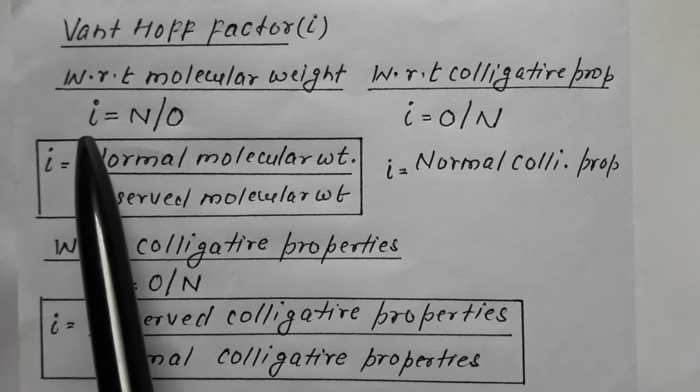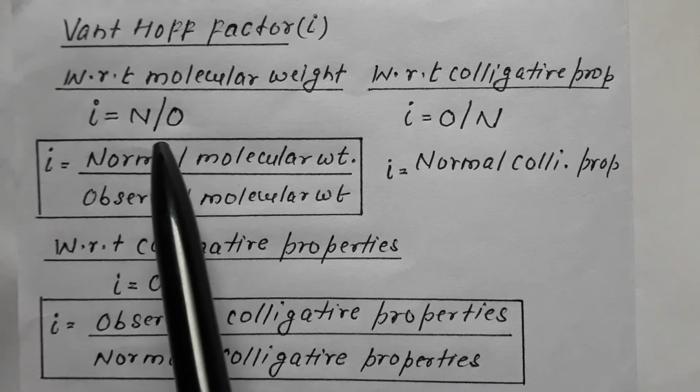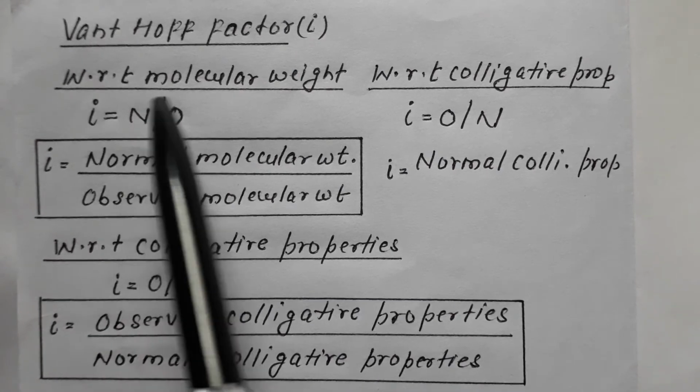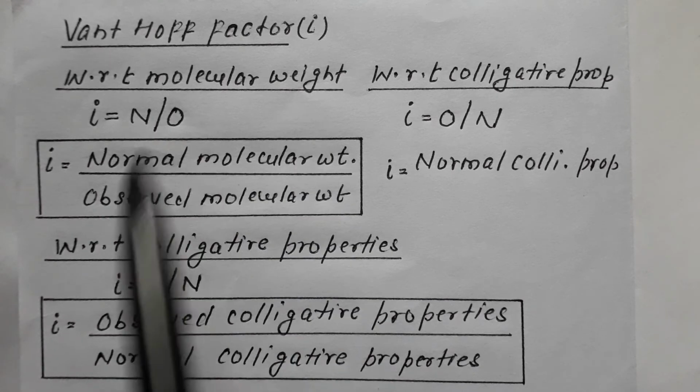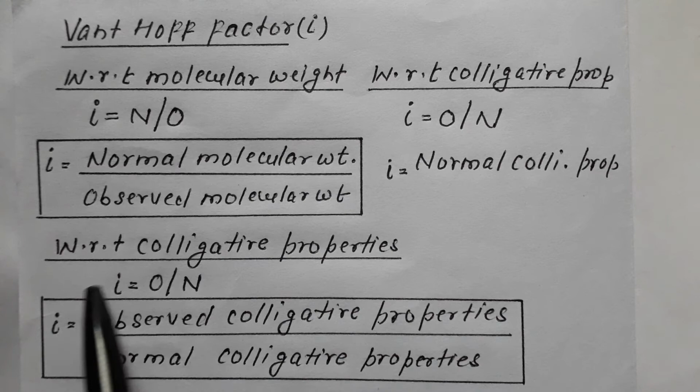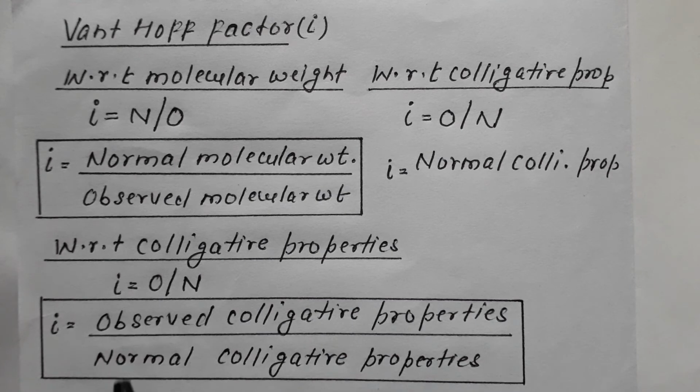So we say the value of i is N by O, normal upon observed, with respect to molecular weight, or i is equal to O by N, that is observed upon normal, with respect to colligative property.